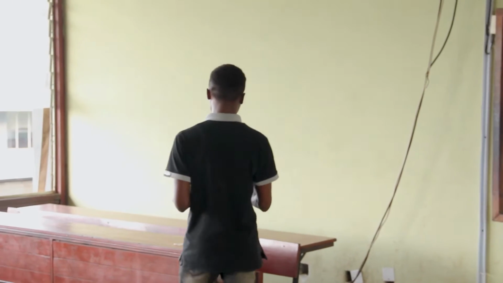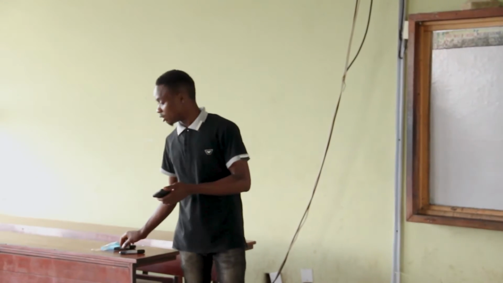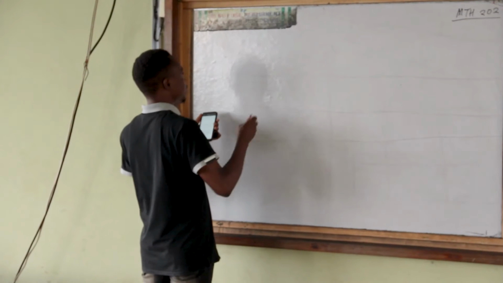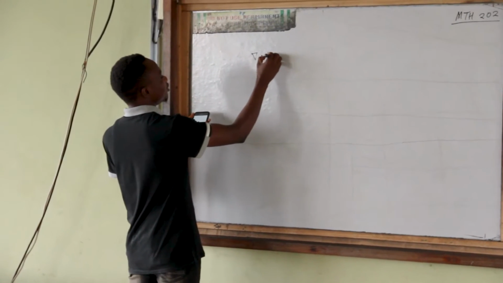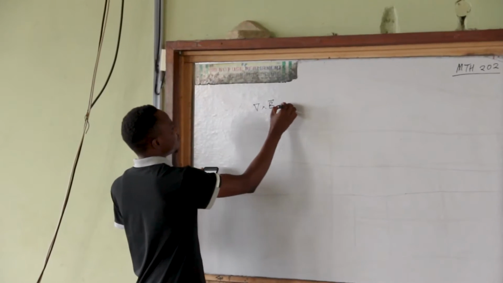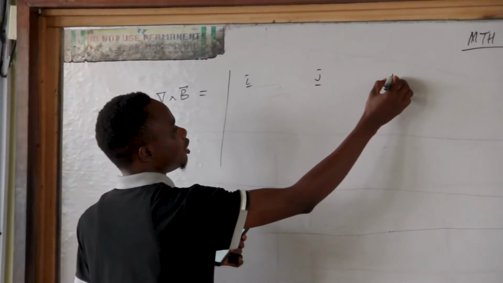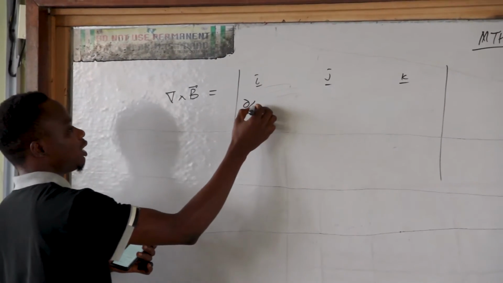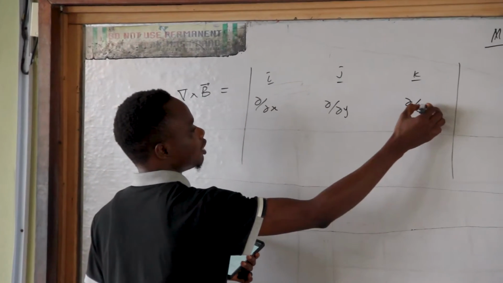We take its curl and equate it to 0. You see what value of alpha will make that possible. So take the curl of vector V. This is i, j, k, del/del x, del/del y, del/del z.